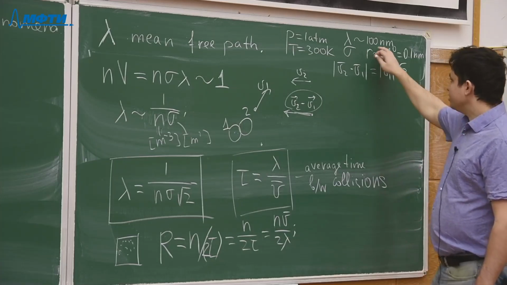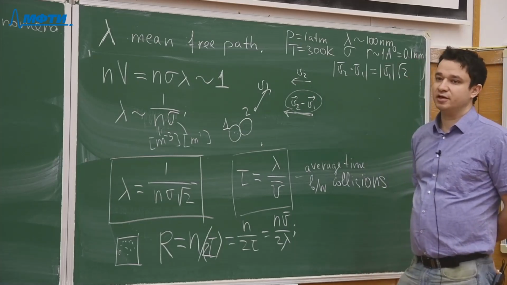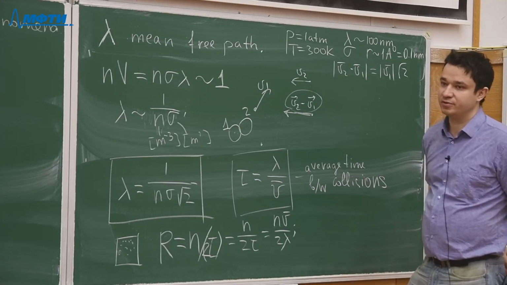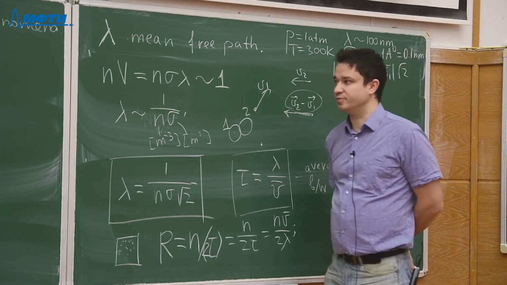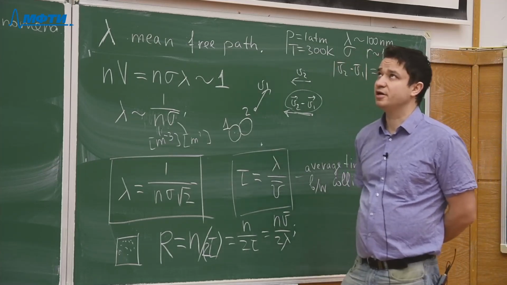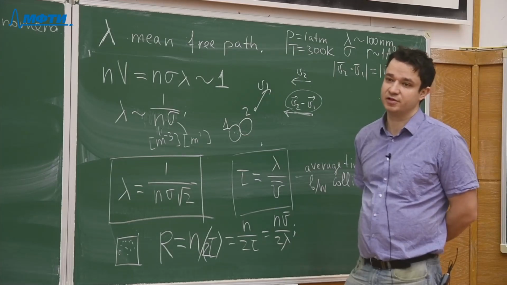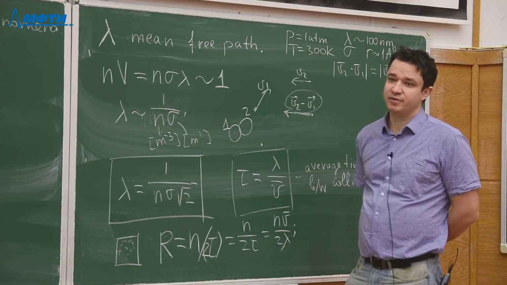It means that in standard conditions the molecules travel quite a small path between these collisions. So if you look at this, it looks kind of contradictory, because when we established the Maxwell distribution and other distributions, we assumed that our gas is ideal. By ideal, we meant that the molecules almost don't interact.